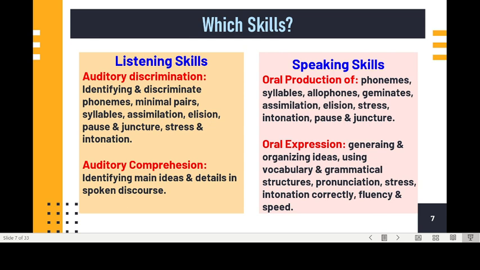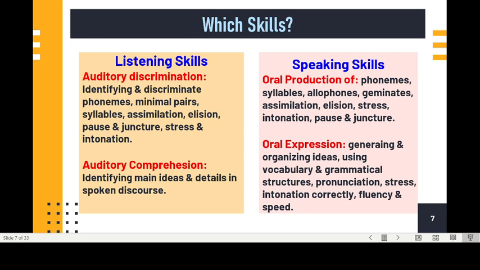Some students, for example, need only listening. Some students need speaking. Some students only need to read or they need to write reports. So we don't need to teach all the skills to all of the students. We have to pick and choose. But here I'm going to give you an overview of the skills and the sub-skills they consist of.